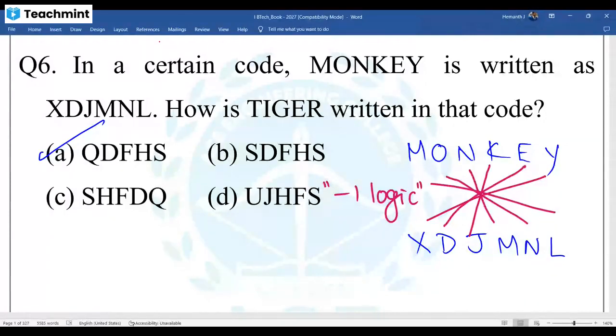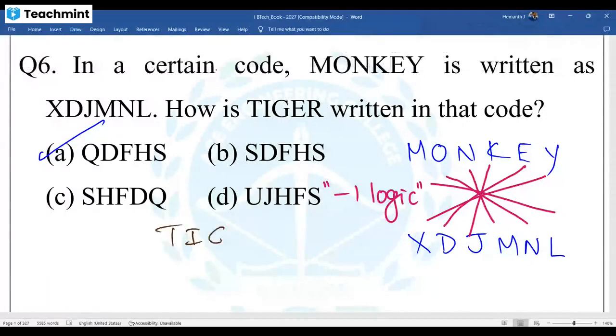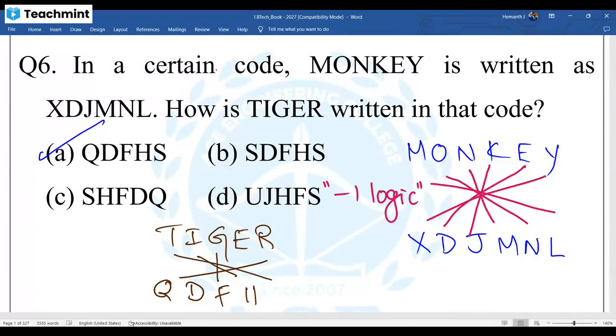Now, similarly, if you apply for tiger, what should be your answer? R previous letter, Q, E previous letter, D, G previous letter, F, I previous letter and T previous letter. If you try, you will get Q, D, F, H, S.